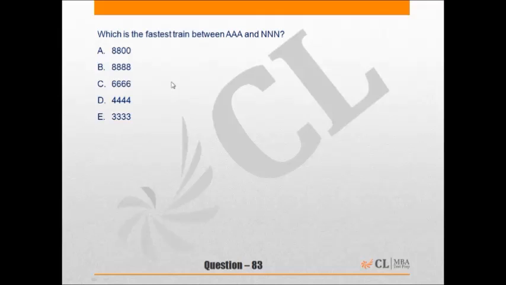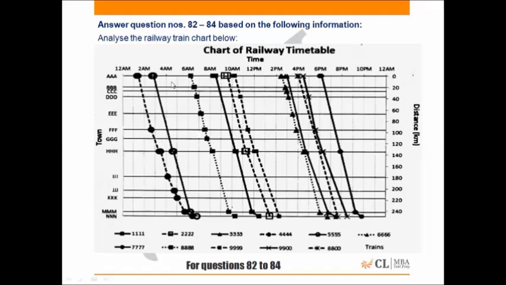In the next question, it is asking the fastest train between triple A and triple N. Again, we need to do the same thing. That is, we need to observe the time taken by the trains given in the options, and on observation, we again see that the time taken by 8800 is the least among the trains that are given in the 5 options, and it is slightly lesser than 3 hours.